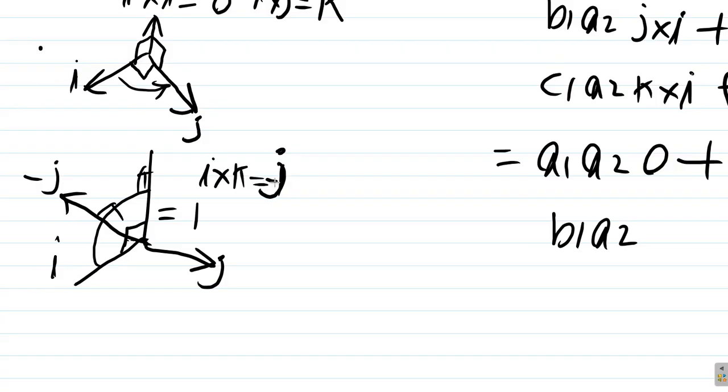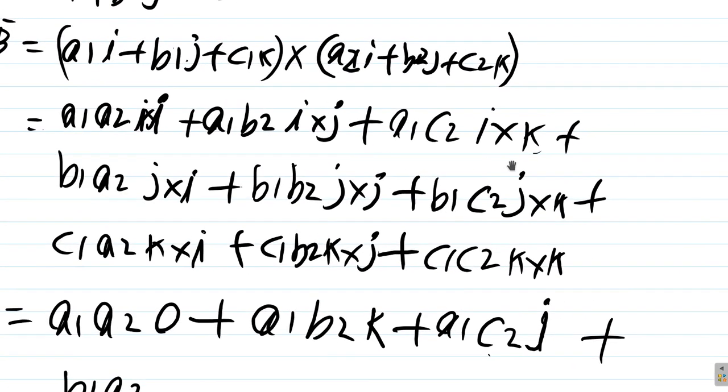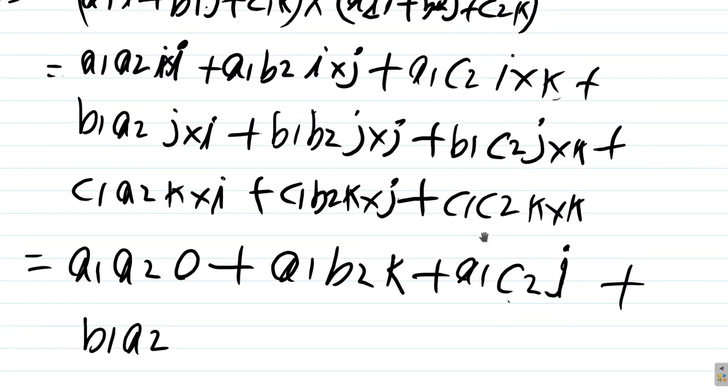Alright. So in this case, A1, C2, I cross K would be negative J, plus, and then, so that's that.